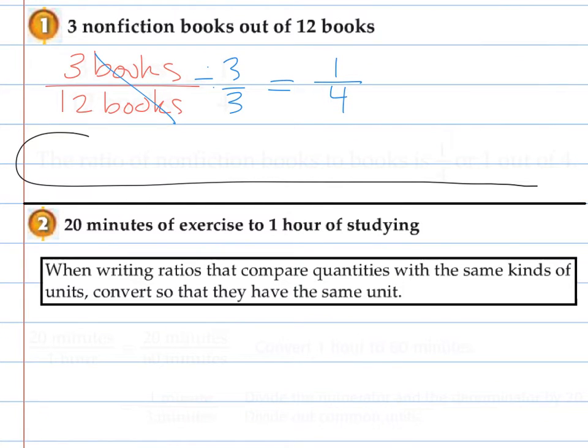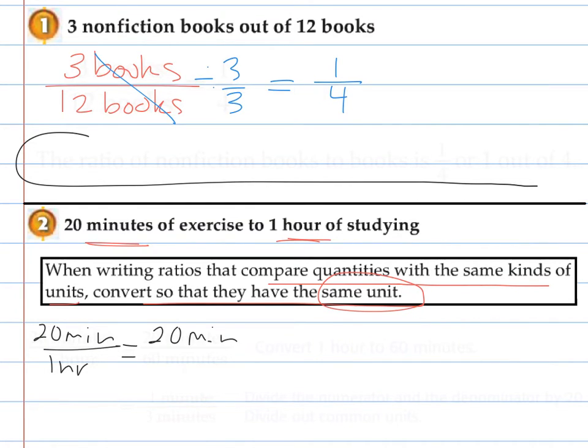Another ratio, 20 minutes of exercise to 1 hour of studying. Notice we're both in time here. So when writing ratios that compare quantities with the same kind of units, convert so that there are the same units. So we don't want minutes and hour, we want to change it to just minutes. So this is really like 20 minutes over 1 hour, but that's actually the same as 20 minutes out of 60 minutes.